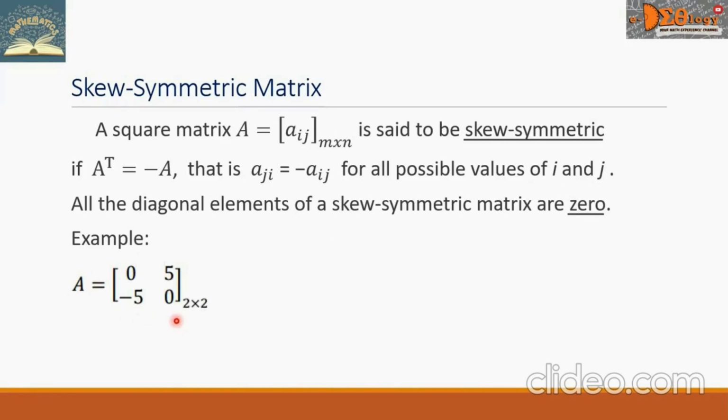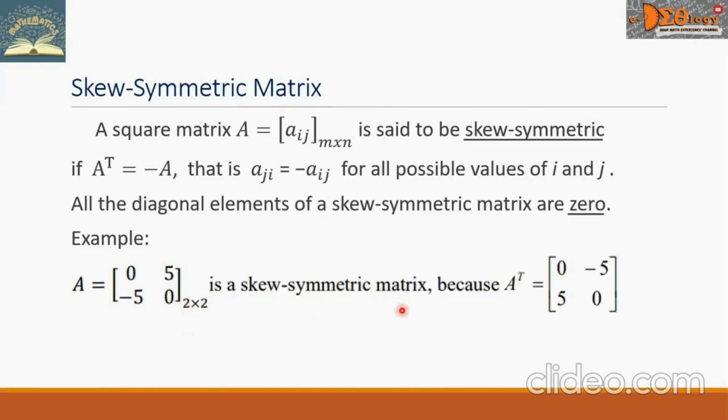We can see here that this is a 2 by 2 matrix. Also, the elements in the main diagonal are all 0. This is a skew symmetric matrix because the A transpose is equal to this matrix. The first row of matrix A is the first column of the A transpose.